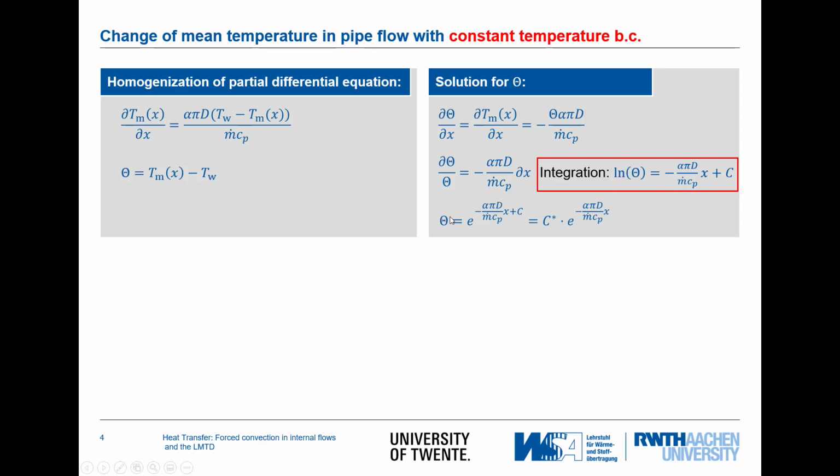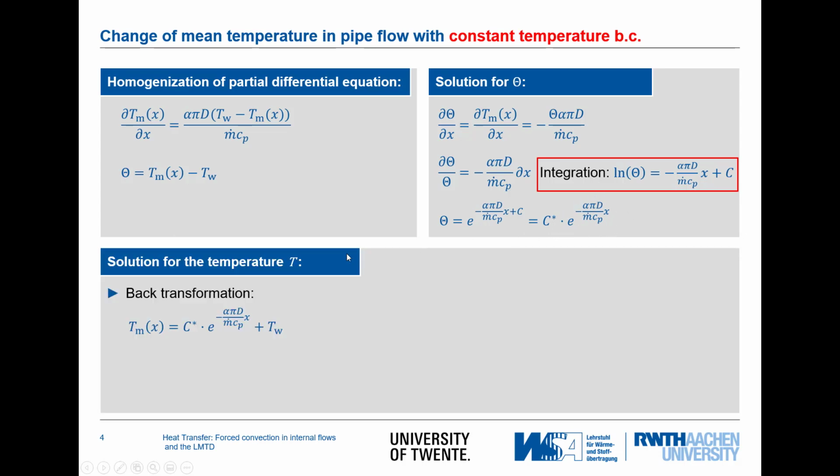So we get theta is equal to the exponent of the expression. And instead of the constant c as an argument in the exponent, we can write this in front. So we have c star times the exponent of a constant times x. We can see that the temperature will follow an exponential function.